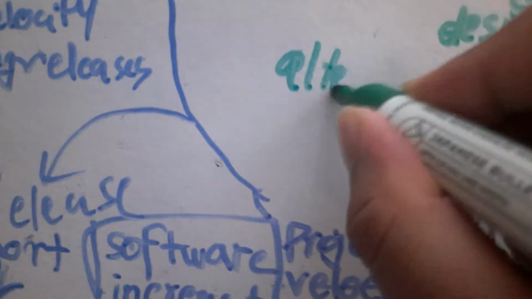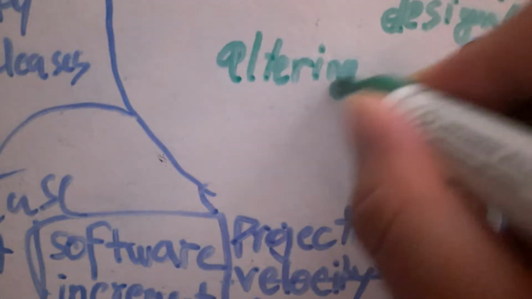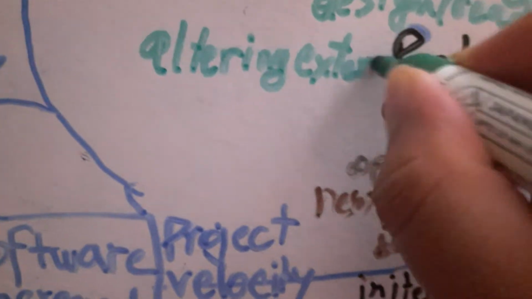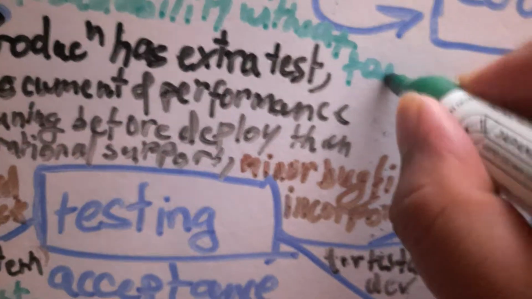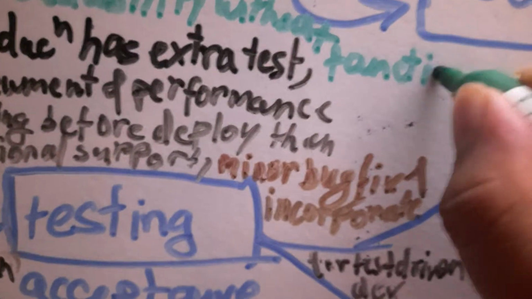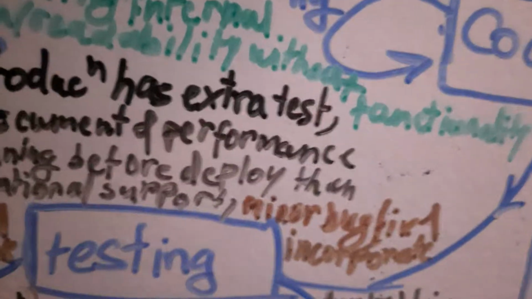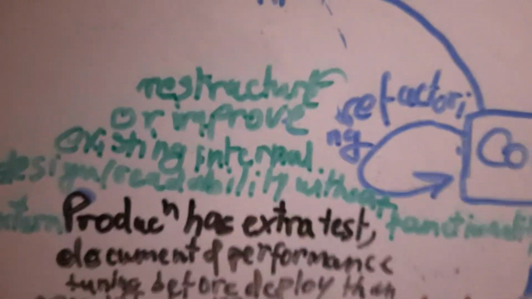Altering external, I would write this much. Then external functionality. Green stuff you can understand, right? Like it is of what stuff, right? So now it is a spike prototype solution.